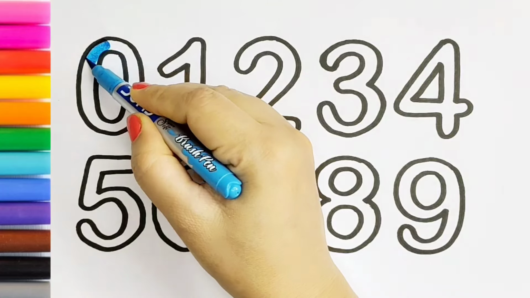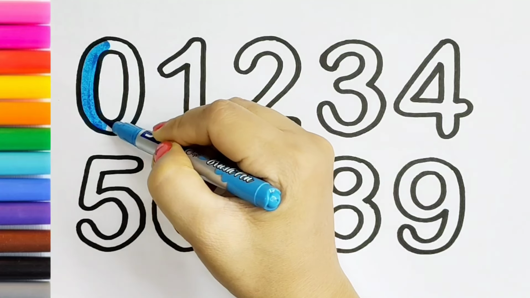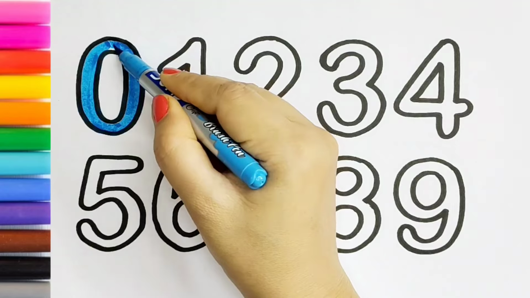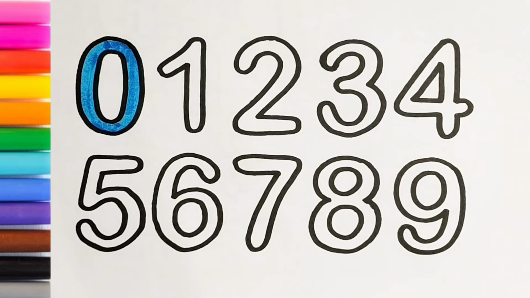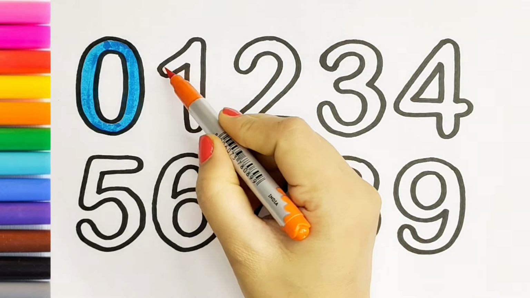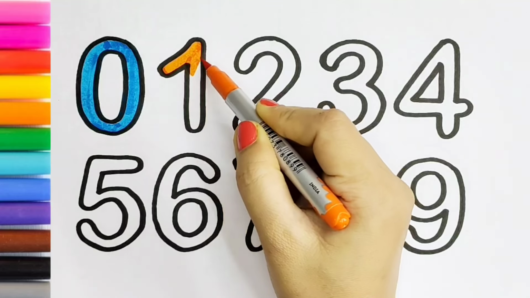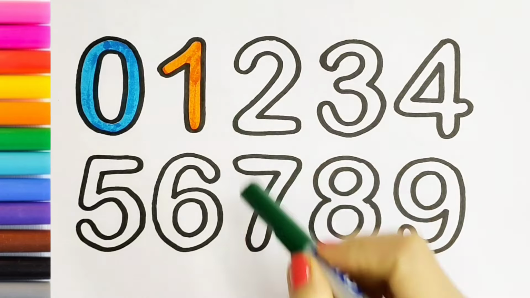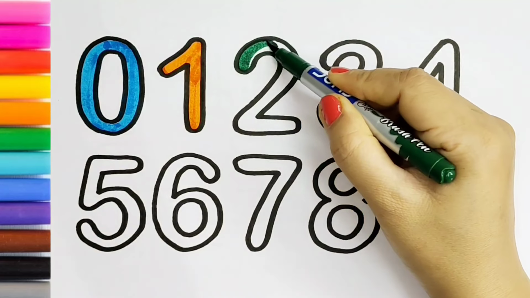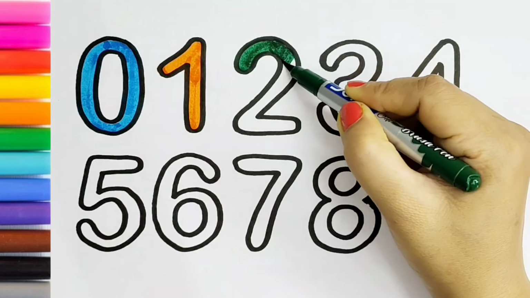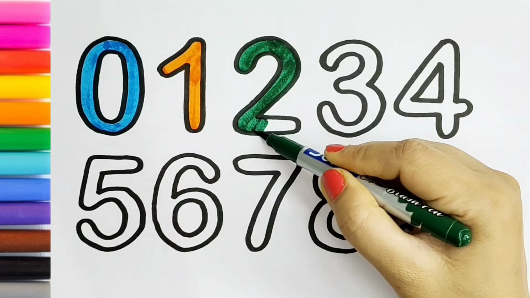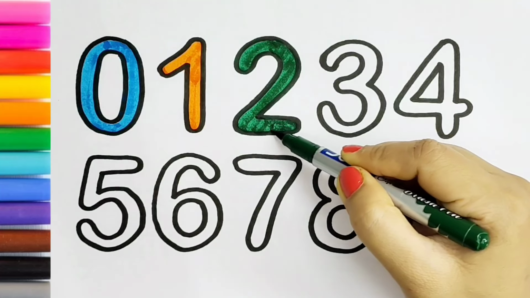Sky blue color, zero. Orange color, one. Dark green color, two.